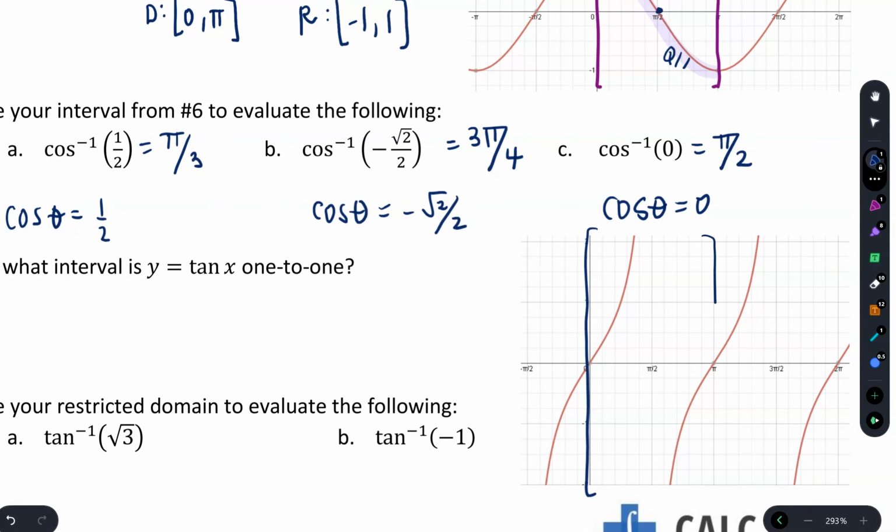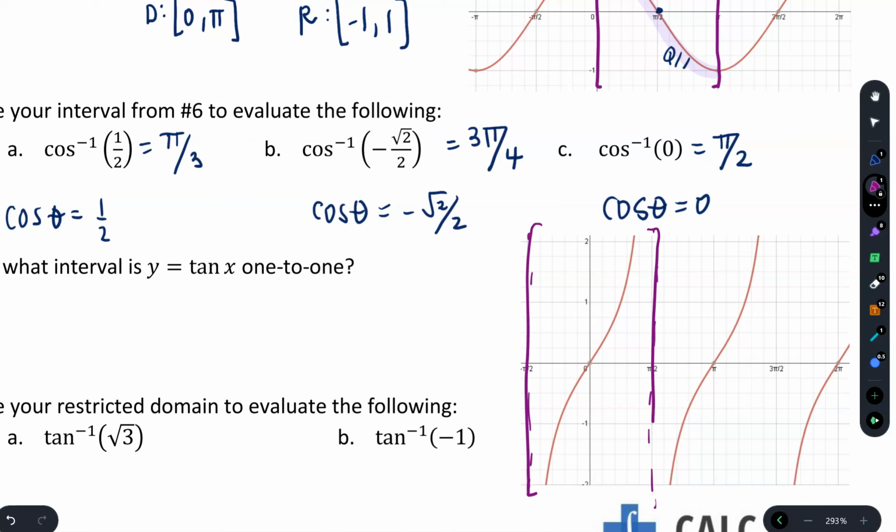It could, technically, but it might be easier to go from asymptote to asymptote. You have one beautiful graph, from one asymptote to the other, so negative pi over 2 to pi over 2. That's one continuous graph, one continuous picture of my graph.